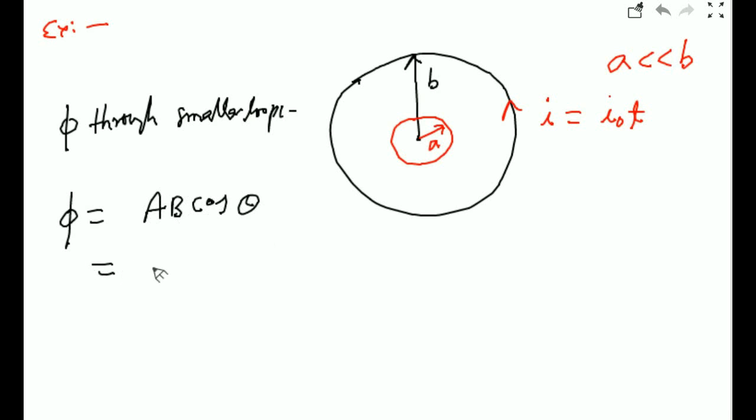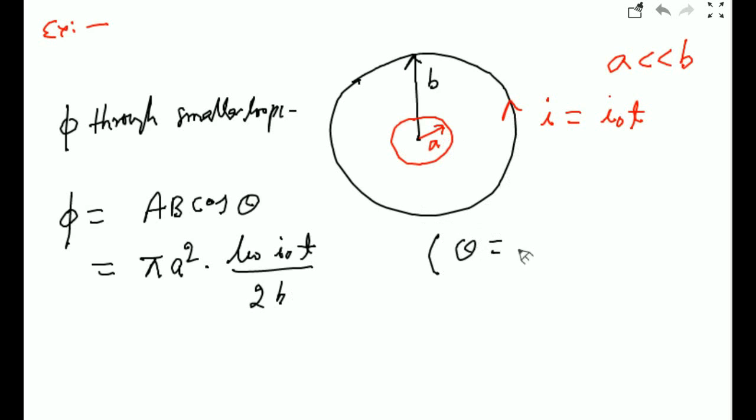The area will be pi A square. The magnetic field at the center of the coil is mu naught I, given as I naught into T, by 2B. And the angle is theta equal to 0 degree.